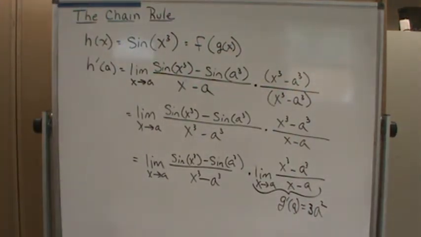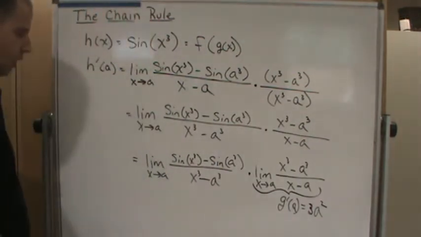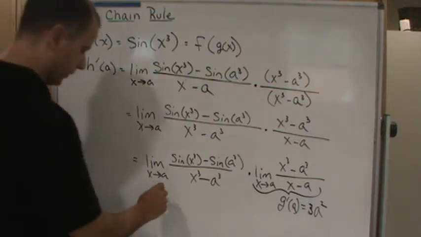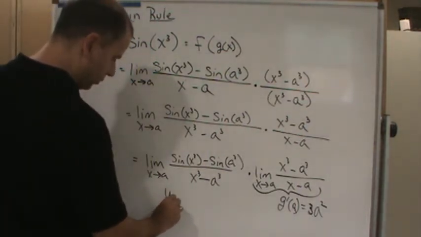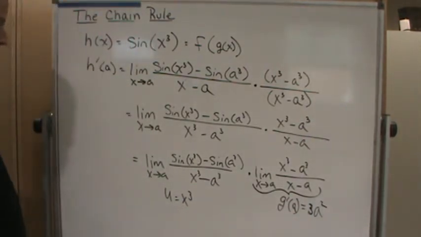Now, let's deal with the other limit, because it's not so obvious that this is also a derivative. Let's do a u substitution. Let u equal x cubed.